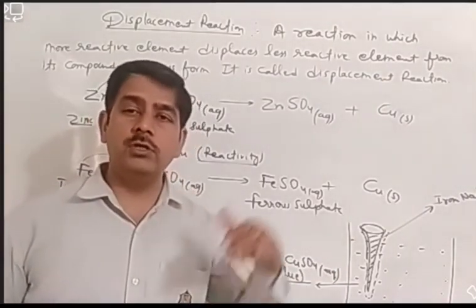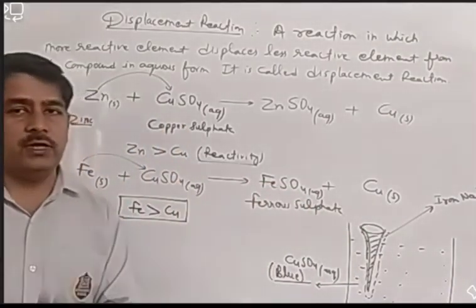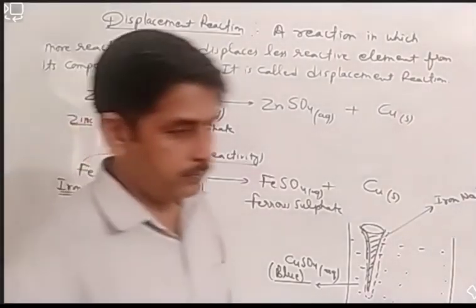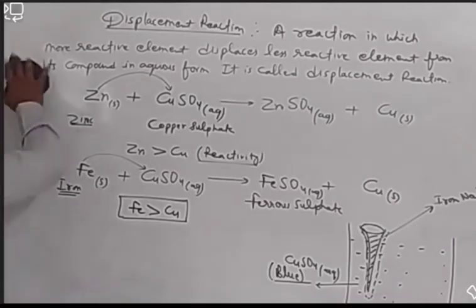Because of the formation of ferrous sulfate, because copper sulfate will change into ferrous sulfate, and ferrous sulfate is not a blue colored solution. So this is an example of displacement reaction. Okay, let's come to the next topic.